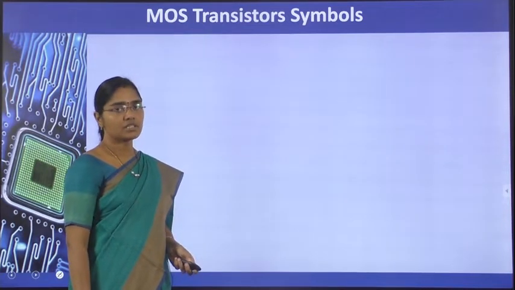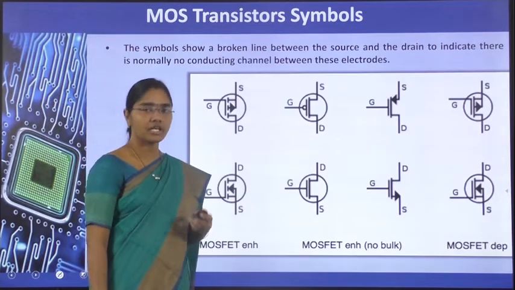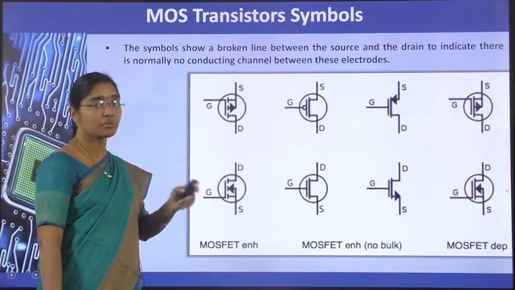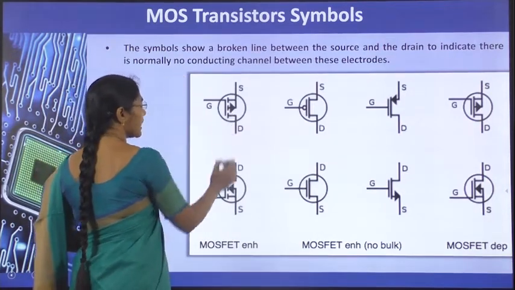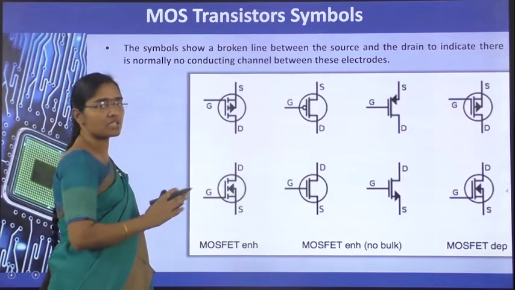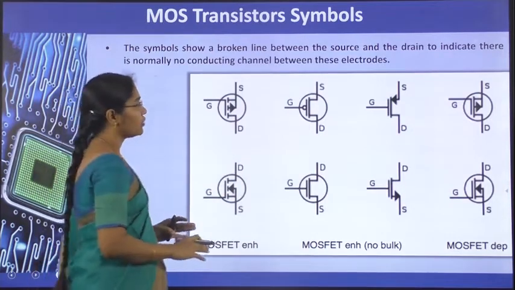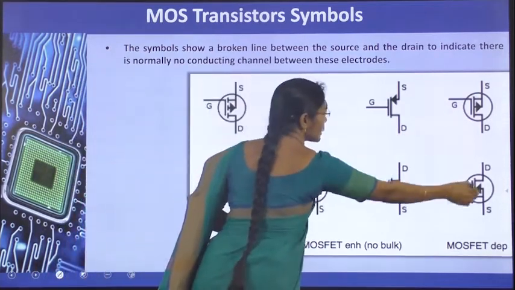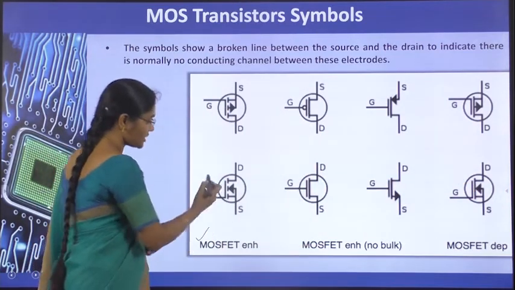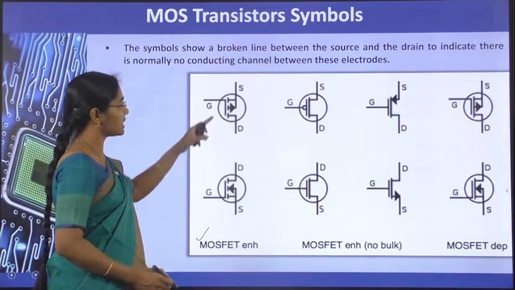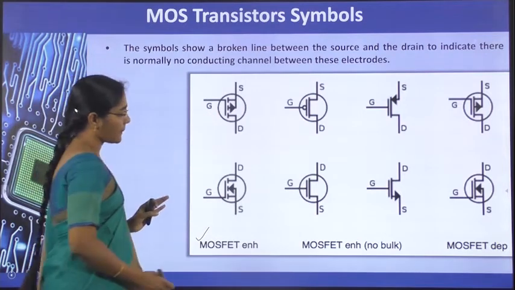Let us see the symbols of the MOSFETs, enhancement and depletion and P type and N type. The symbols shown with a broken line like this are the representation of the enhancement, whereas the symbols with thick lines represent the depletion. So MOSFET enhancement transistors with the 4 terminals are the first set.